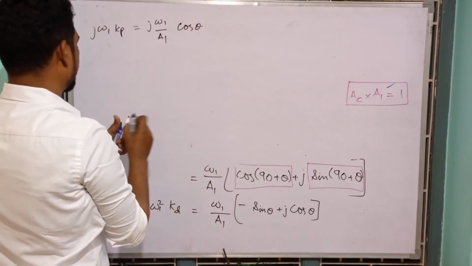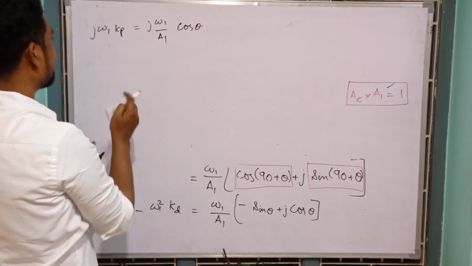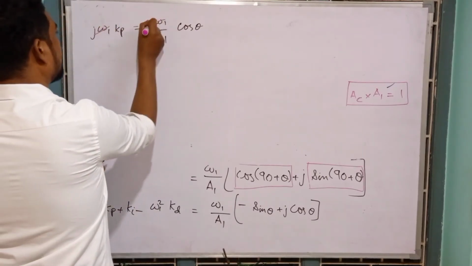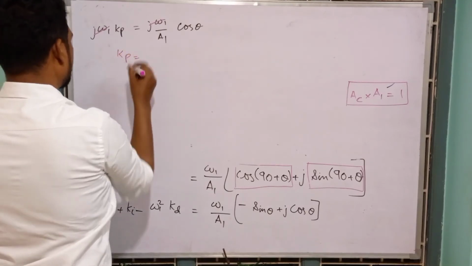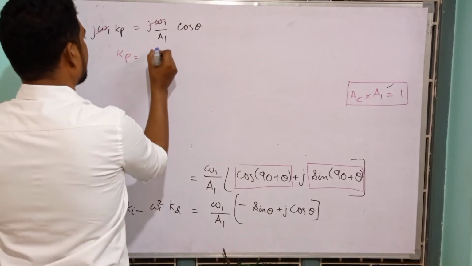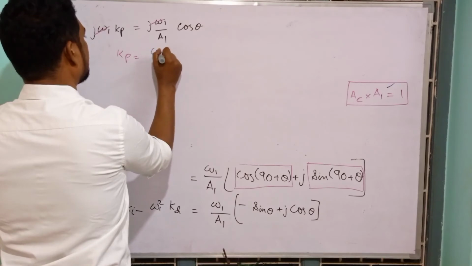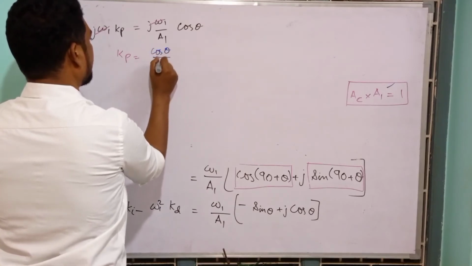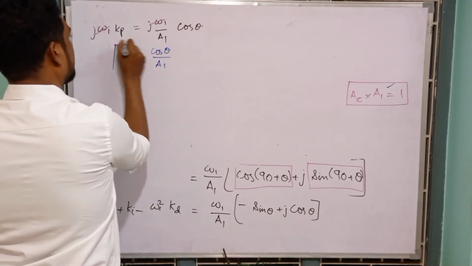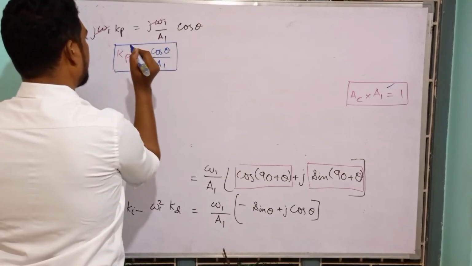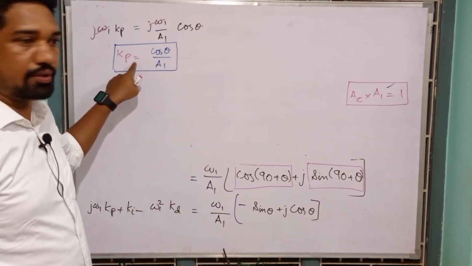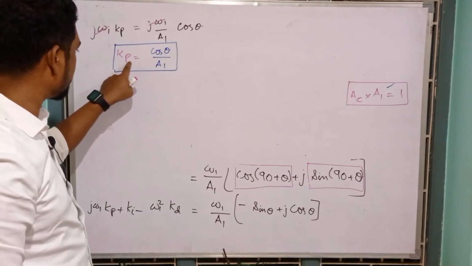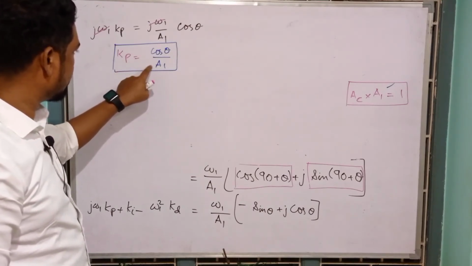Okay, so something gets cancelled on either side. j omega 1 and j omega 1 get cancelled, so we have the expression for kp, which is equal to, guys, cos theta by a1, the expression for proportional controller kp, cos theta by a1.